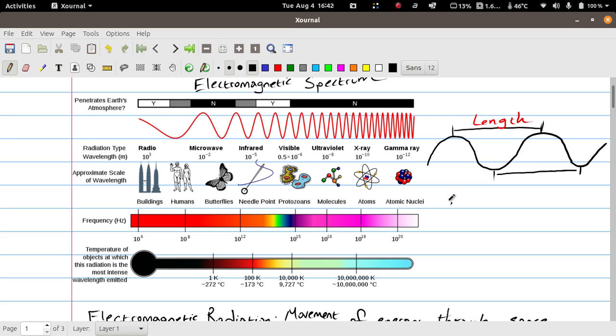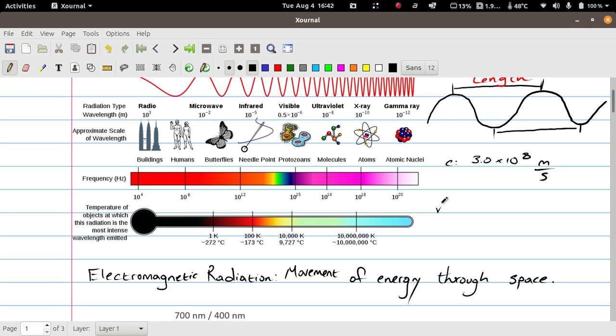So, right off the bat, I'm going to give you the constant for the speed of light. It's represented in mathematics and in science with a lowercase c, and it's approximately 3 times 10 to the 8 meters over seconds. And then your frequency is represented by a lowercase v, and this would be 1 over seconds.